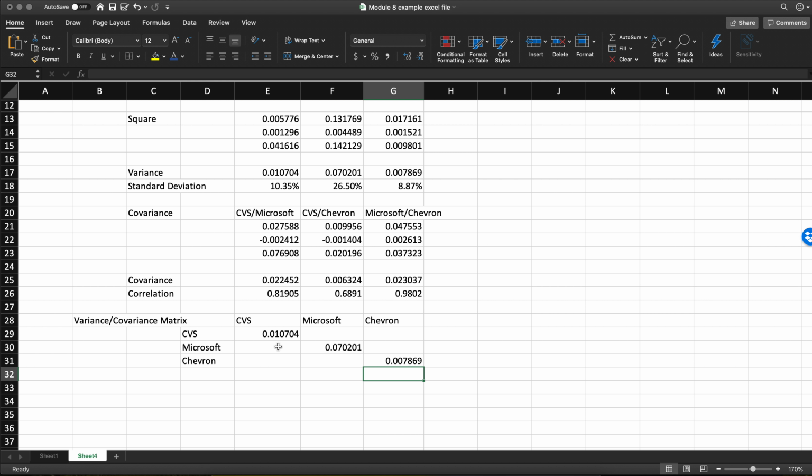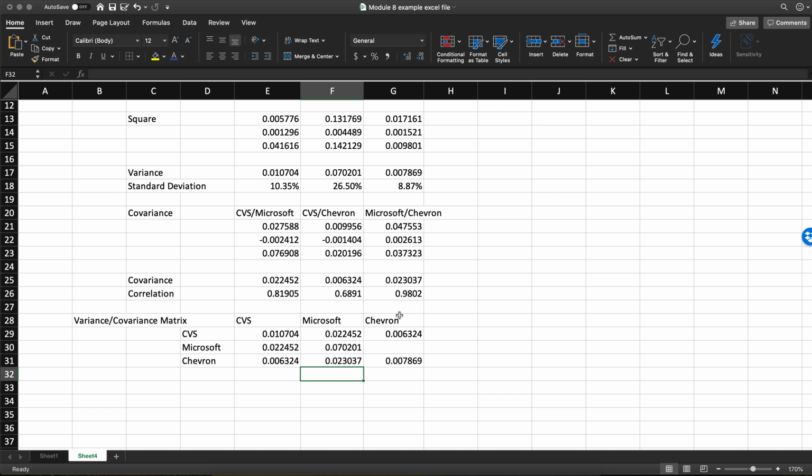The question is, how does CVS covary with Microsoft? Well, that's this number. And if you notice, it's also this number. Same thing, CVS and Chevron, the covariance is this number.